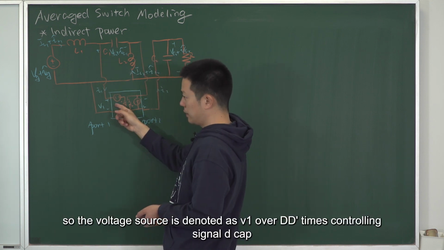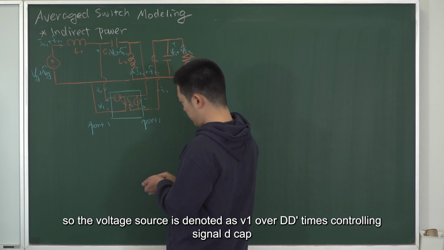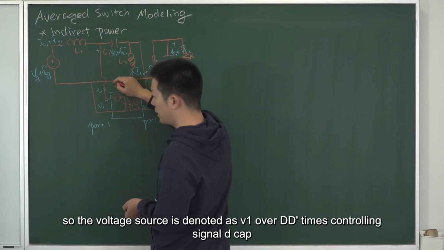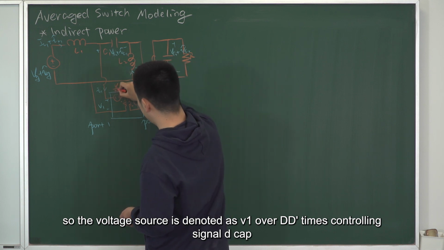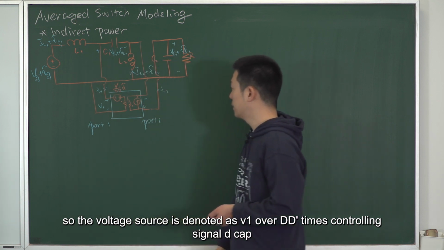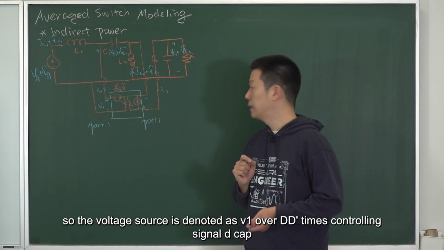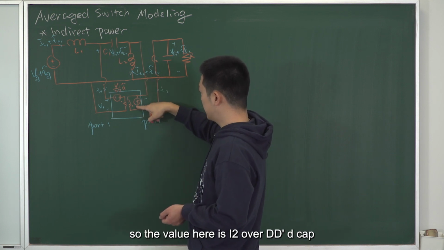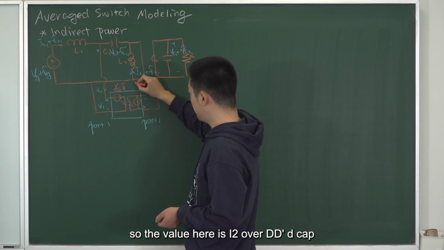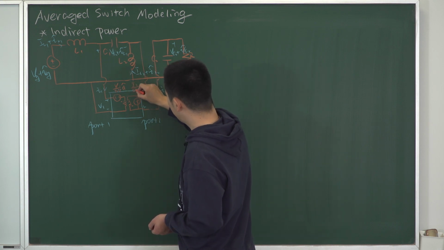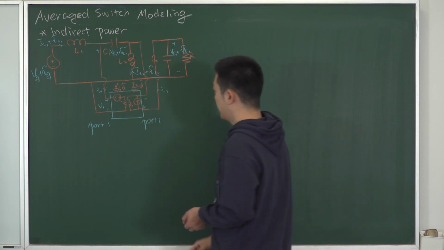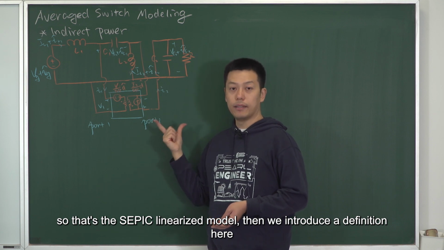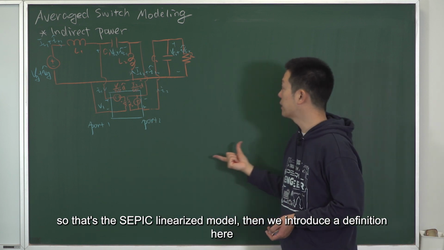So the voltage source is denoted as V1 over DD prime times controlling signal D cap. And this independent current source is also controlled by D. So the value here is I2 over DD prime D cap. So that's the SEPIC linearized model, right? SEPIC linearized model.